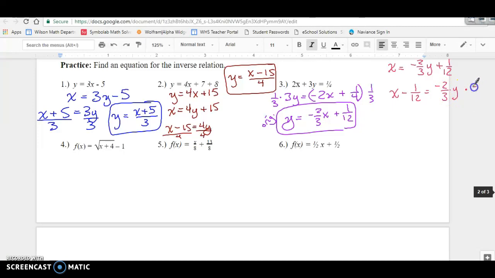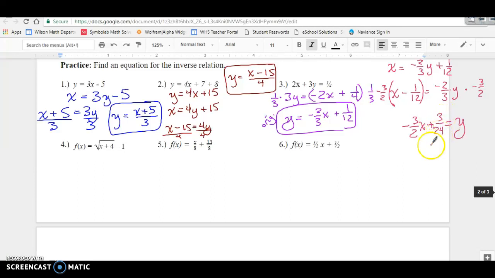To do that, just multiply by the reciprocal. So this is going to be a positive 1y here, because this is going to make negative 6, or positive 6 over 6, which is 1. Over here, I'm going to get negative 3 over 2x plus, because a negative times a negative, 3 over 24.